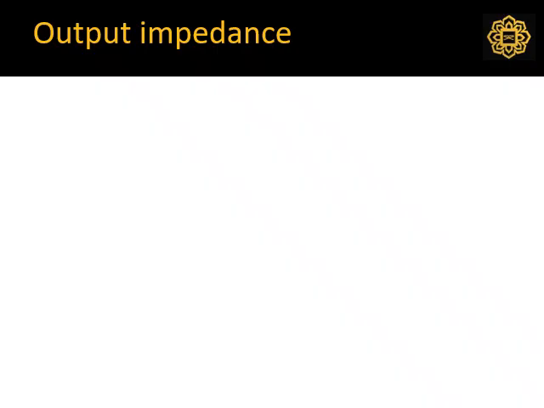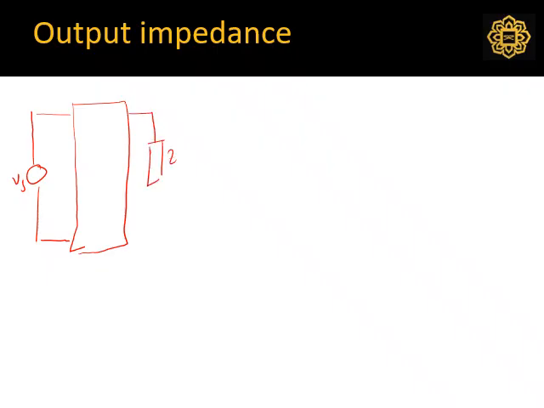Let's say you have a voltage source Vs, and then you have a black box circuit connected here, which has a load of ZL.